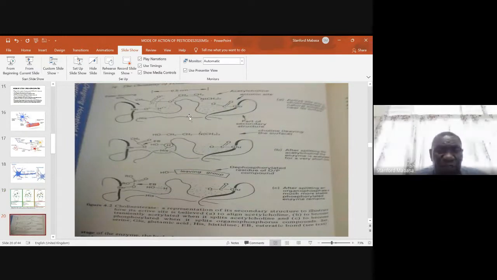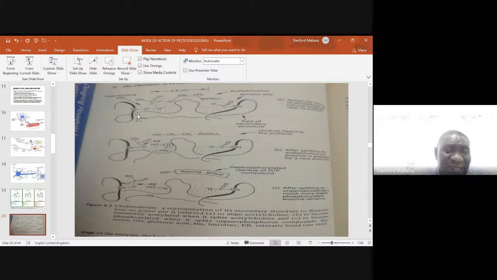Well, probably this may not be clear, but this is the acetylcholine structure. And this other structure here, which looks like a string, and at the end there's SER and OH, is the end of the enzyme, which will combine with this other end of acetylcholine.